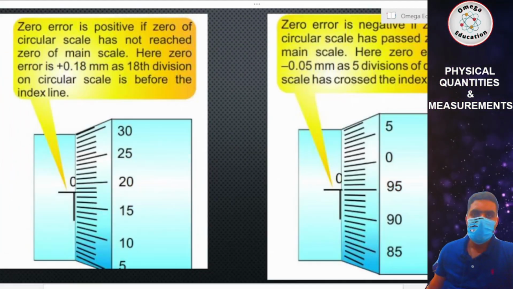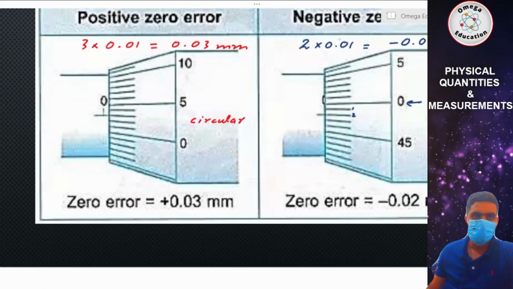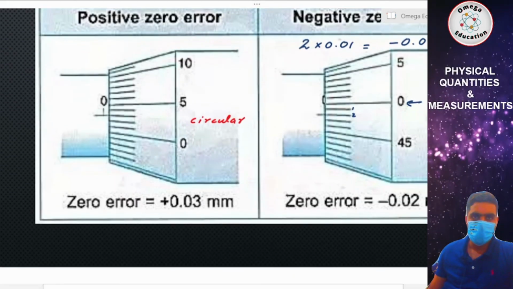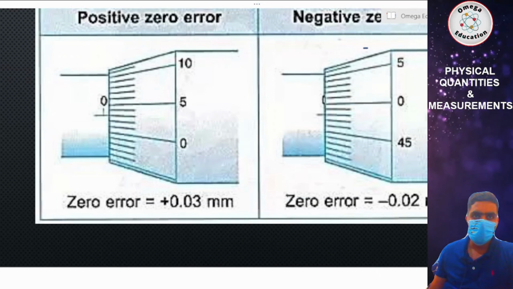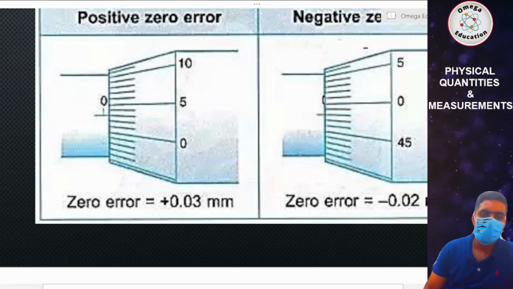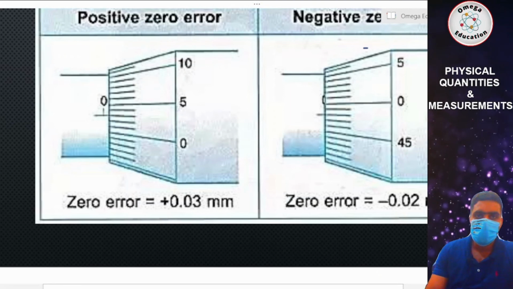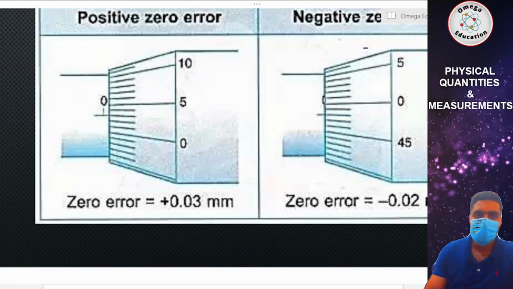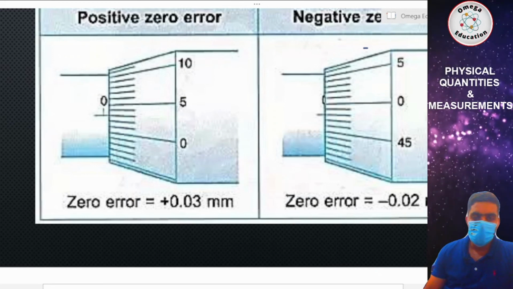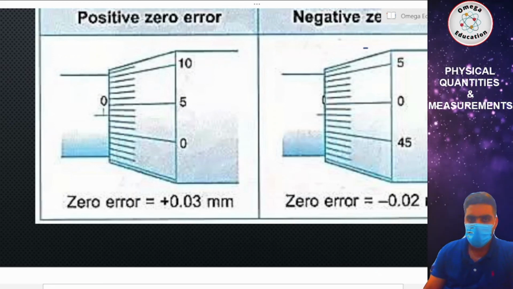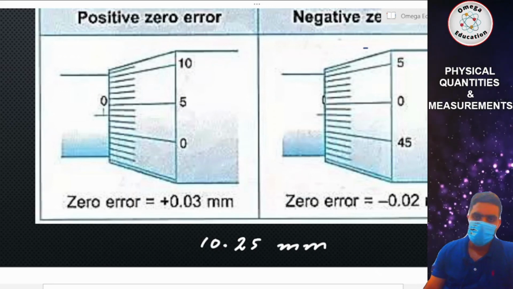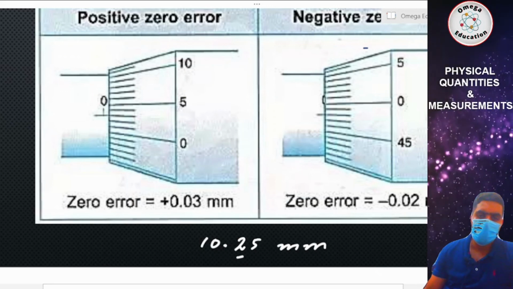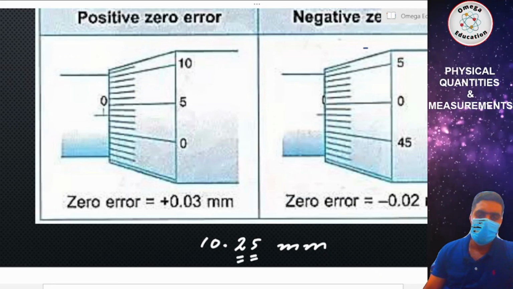All right, so let us suppose that I have taken a measurement using the micrometer, and the value that I obtained was, let's say, 10.25 millimeters. Since micrometer can measure till 2 decimal places in a millimeter, that makes sense.